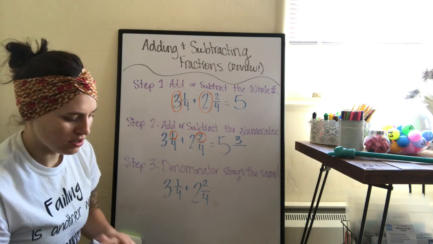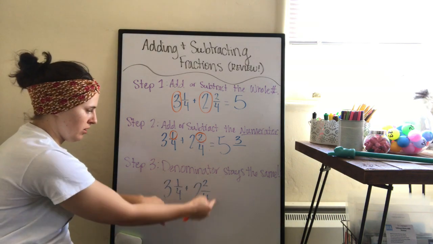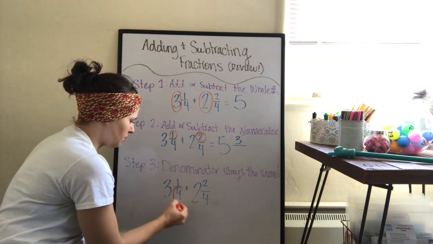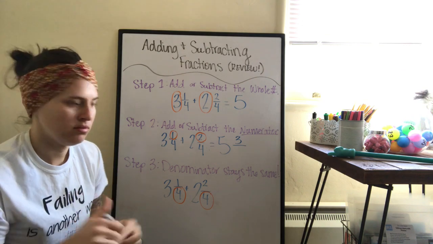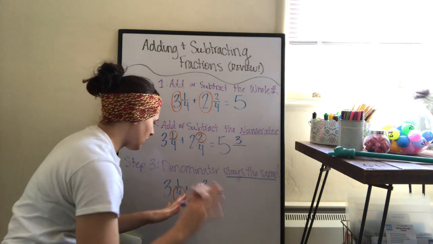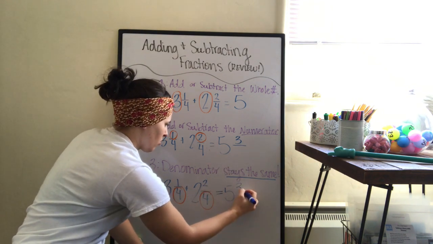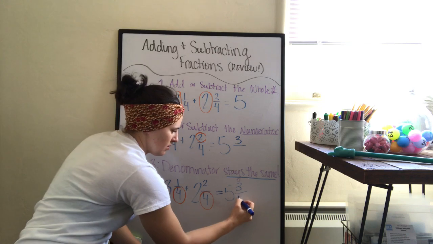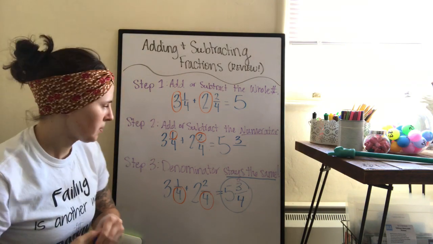Which numbers are our denominators? Well, these are our whole numbers. These are our numerators. Our denominators are on bottom. So do we add the denominators? No, they stay the same, right? We don't do anything to them. So we have 5 3/4. That is our answer. 5 3/4. That's all we do.